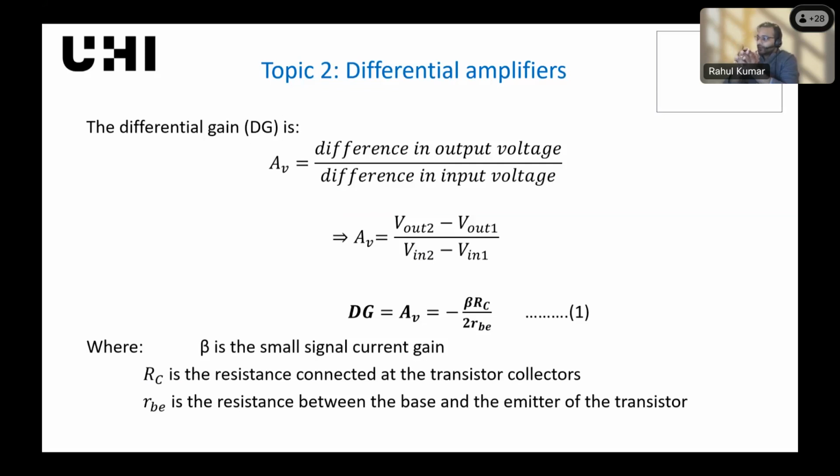So we have something called differential gain, which is the difference in the output voltage divided by the difference in the input voltage. A good differential amplifier should have high differential gain.